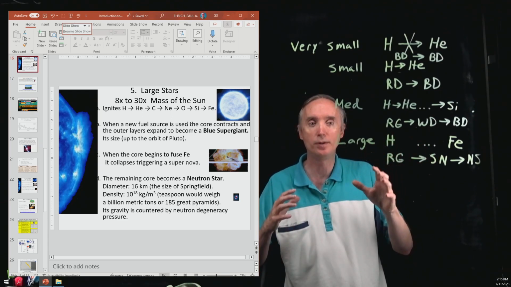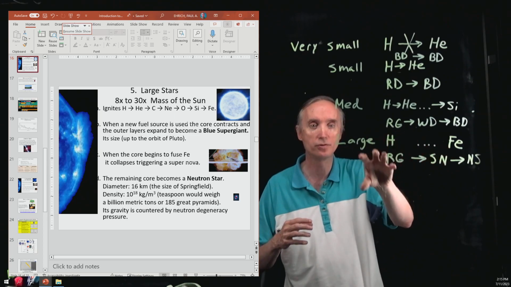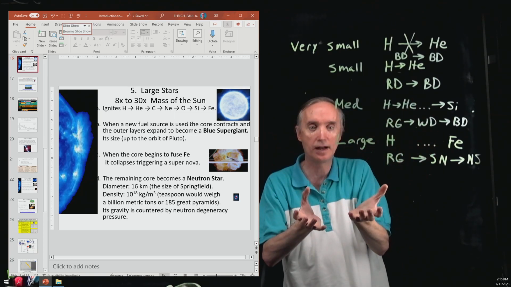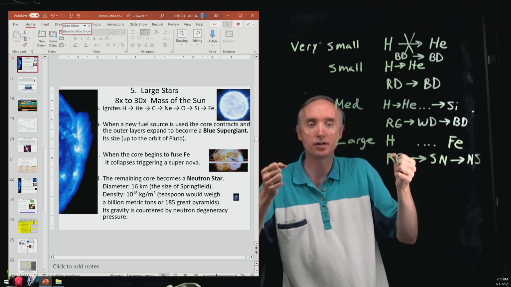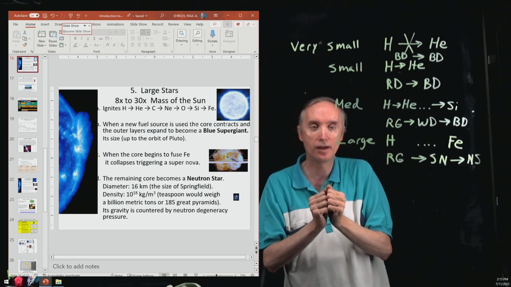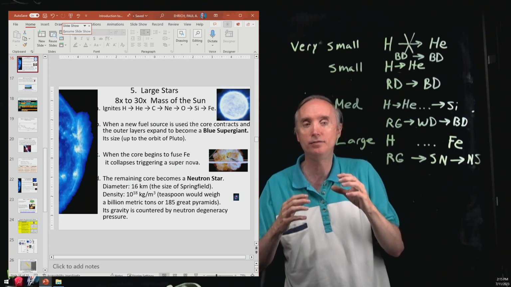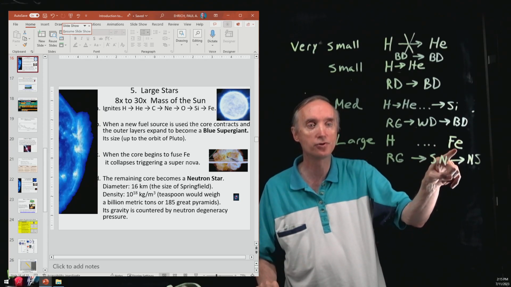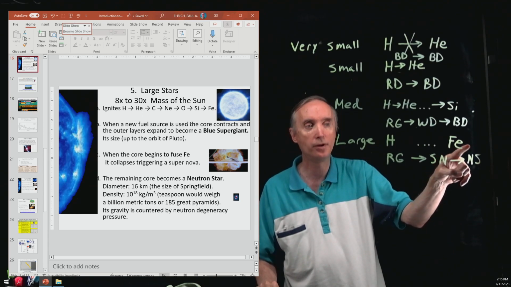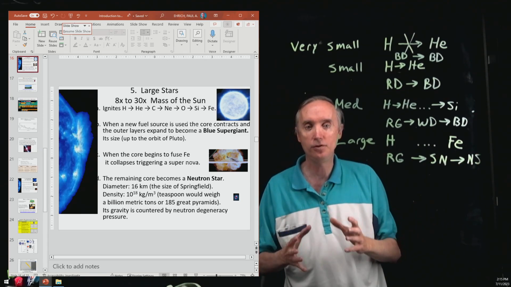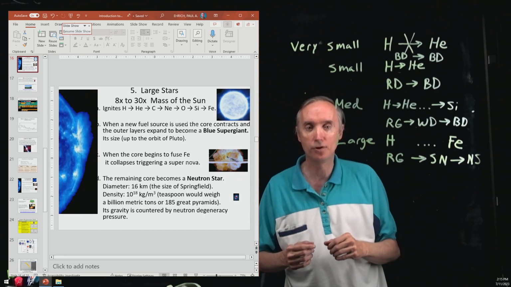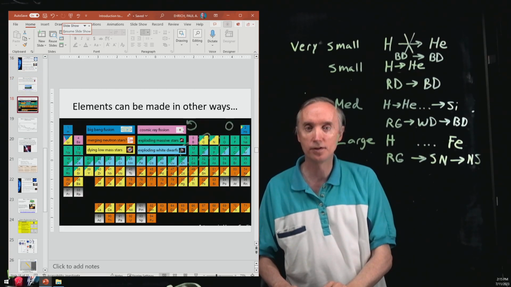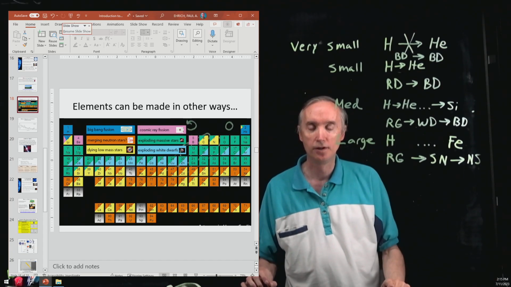energy, it will be able to forge all of these elements that were present in the outer envelope, and it's going to be able to smash those together and fuse them into even heavier elements. So elements larger than iron on the periodic table can be fused during supernova explosions. So that's what this chart is for.